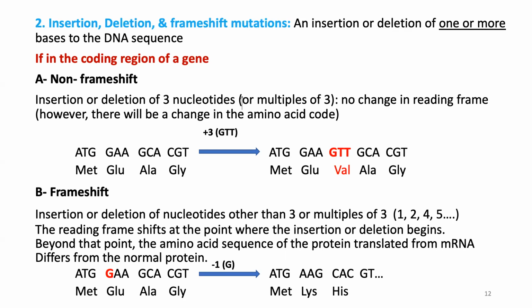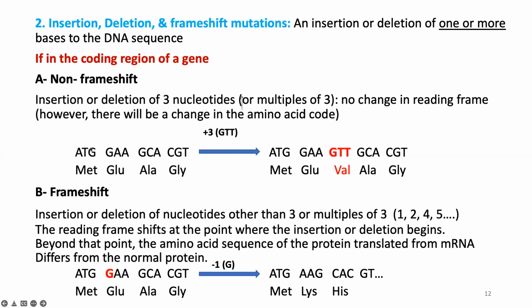So what is the difference between them? Non-frameshift means insertion or deletion of 3 nucleotides or a multiple of 3. Why do we call it non-frameshift? Because the reading frame of the whole gene wouldn't change. There will be changes in the amino acid sequence, but no change in the frame.